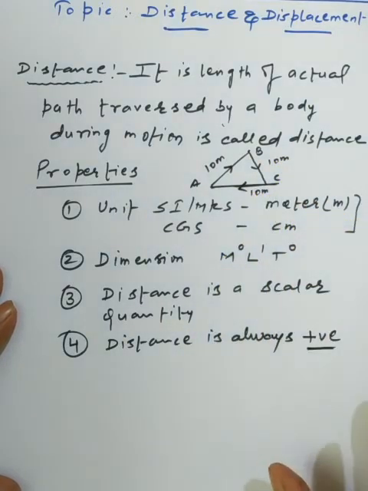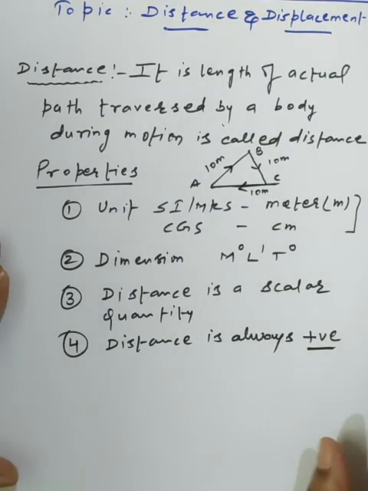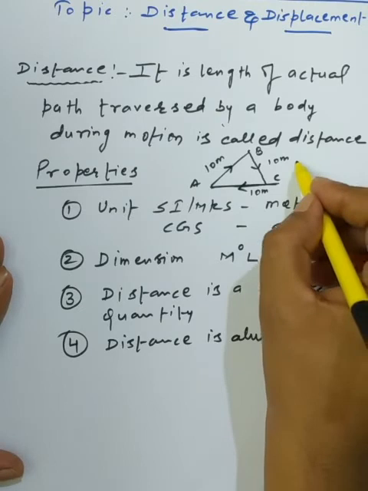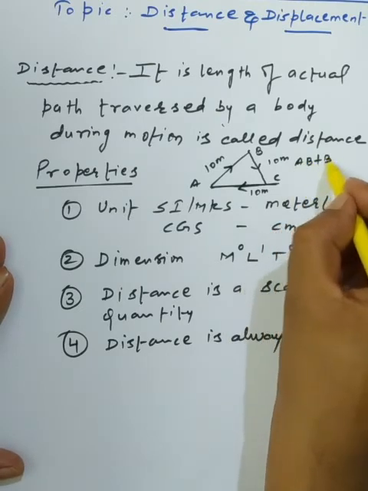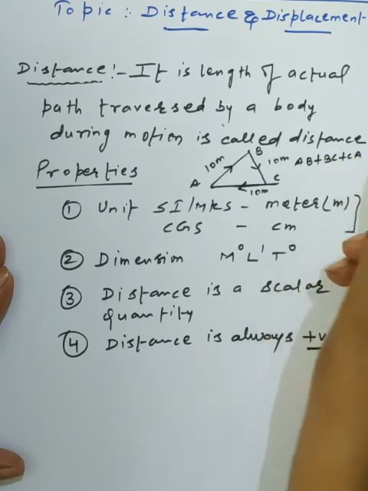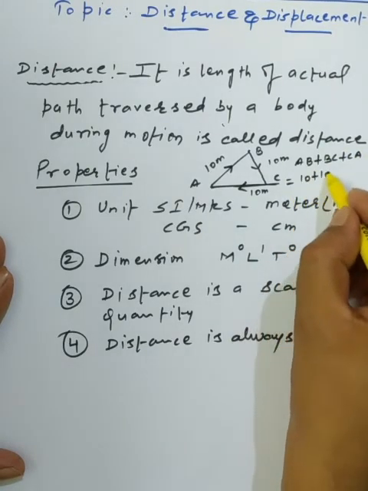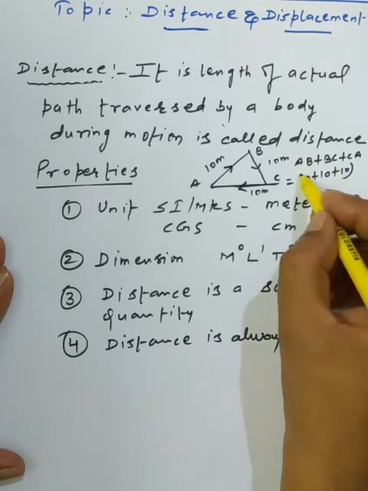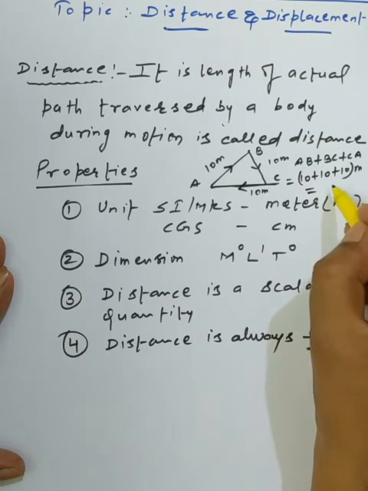If I ask a general question, what is the total distance covered by the object when it moves from A to B plus B to C plus C to A? The simple answer is 10 plus 10 plus 10 in the same unit system, so we can easily write that the total is 30.